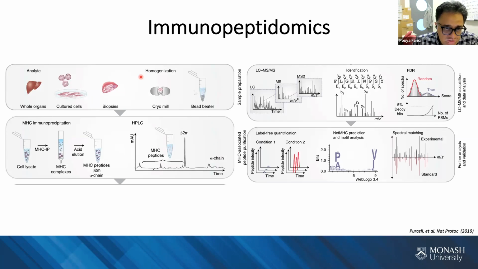Then what we usually do, we use a different method to homogenize this sample. It could be a biopsy, it could be a whole organ, it could be cell pellets.